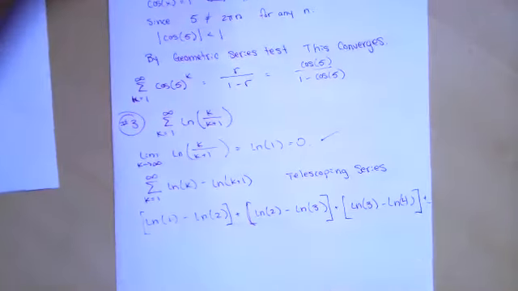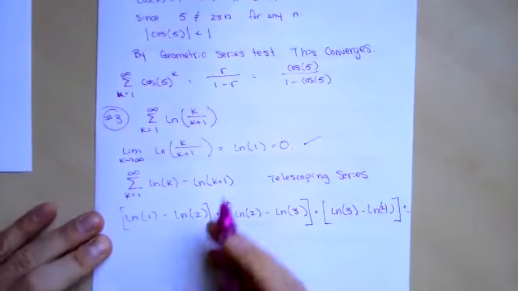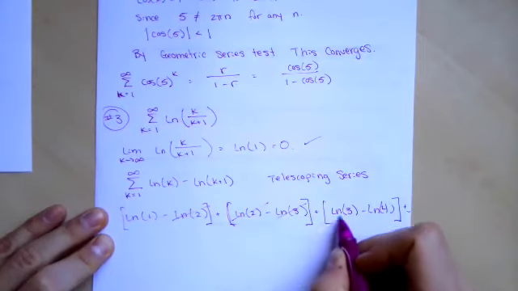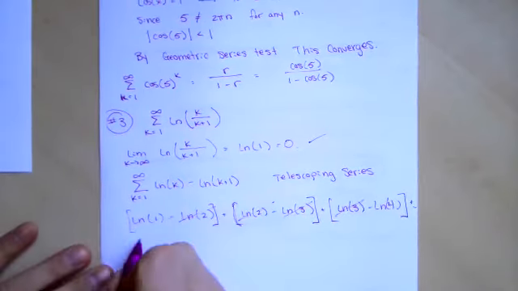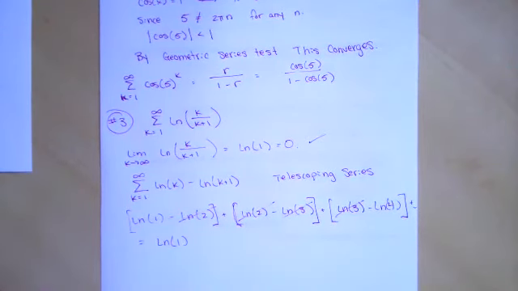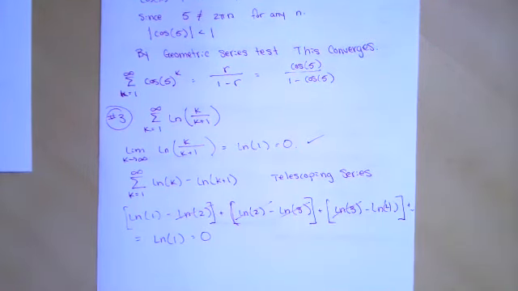And through the magic of infinity, since we keep going out and out, every term is going to end up adding with its negative, except the first term. And so the sum of the whole series is actually just 0.